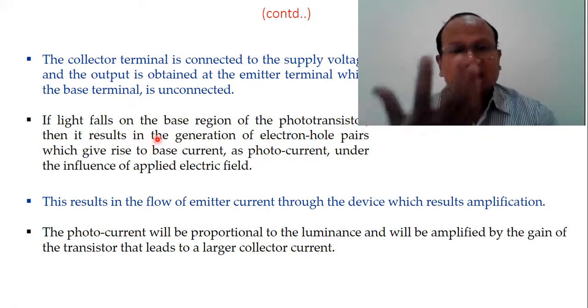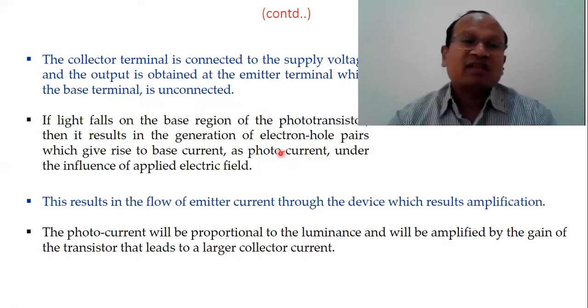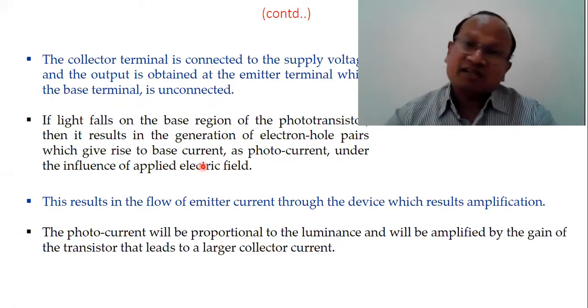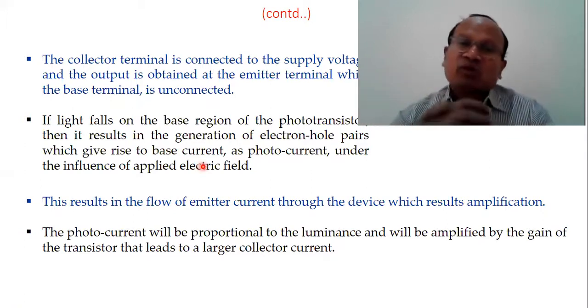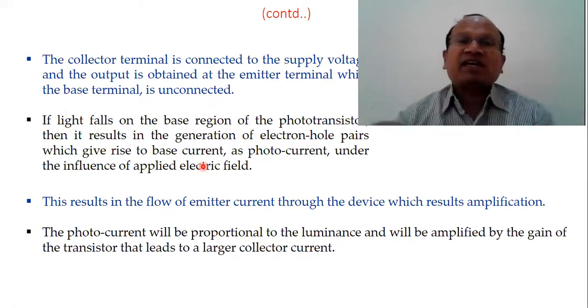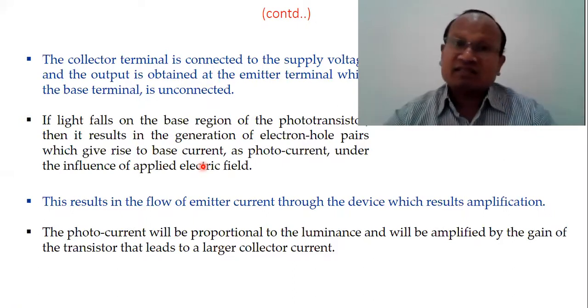Light falls on the base region of the phototransistor, which results in generation of electron hole pairs that raises the base current. Due to recombination of electron hole pairs and generation of new hole pairs, the base current increases, and that base current in the base region is called photocurrent.